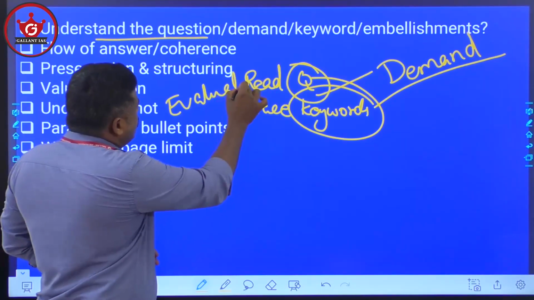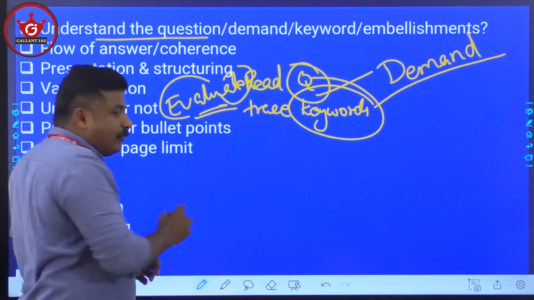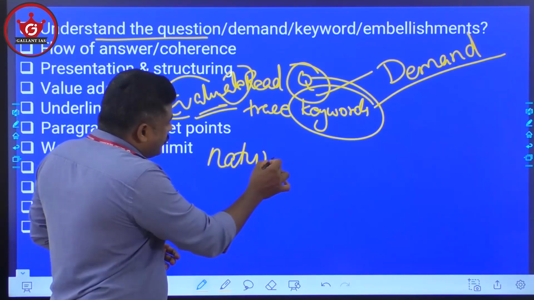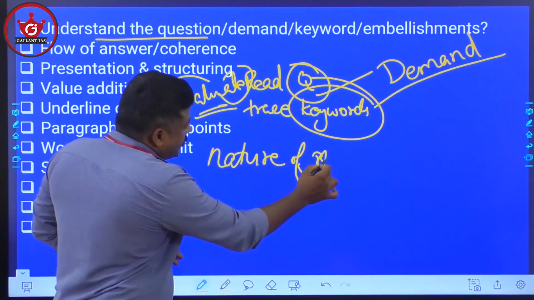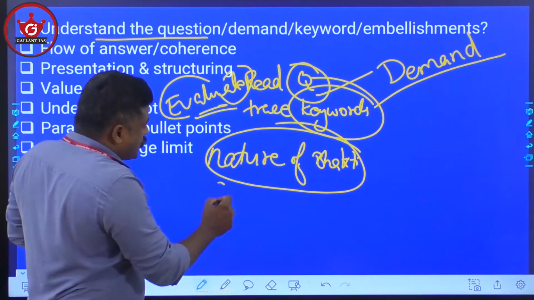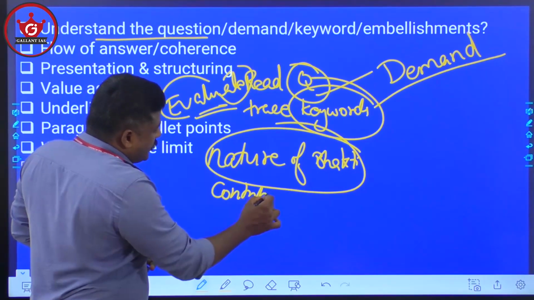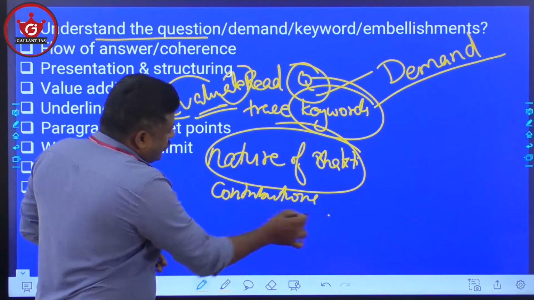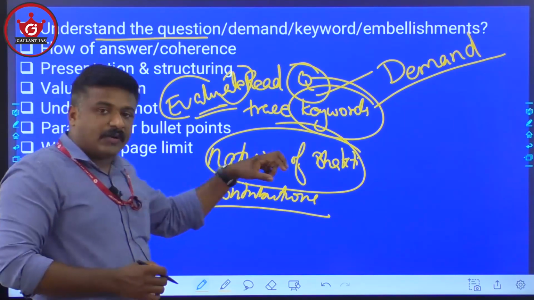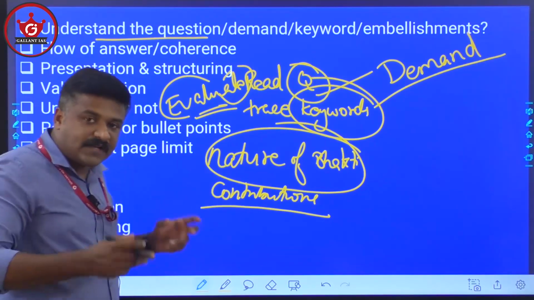There is a directive, evaluate. Evaluate what? The nature of the Bhakti movement. Then there is another keyword, which is contributions. Contributions of the Bhakti movement to Indian society. So these are the keywords.